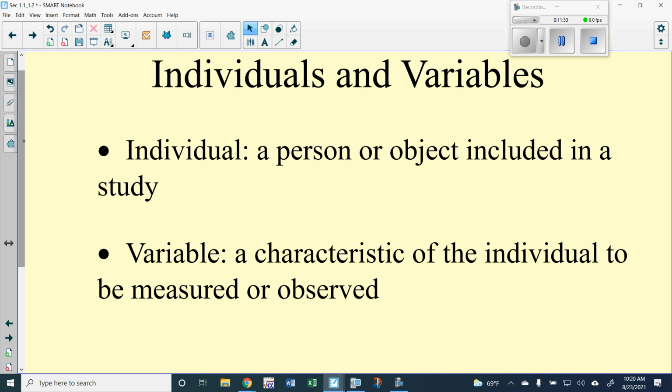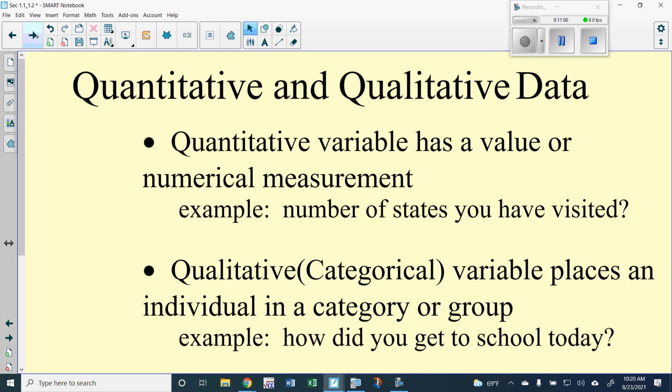Variable and individual, okay? We have two types of variables. We have quantitative data or qualitative data. Now, I understand where the two names come from, but I also feel like whoever came up with these decided to try to make things confusing for you, because why do they both have to start with the same three letters?